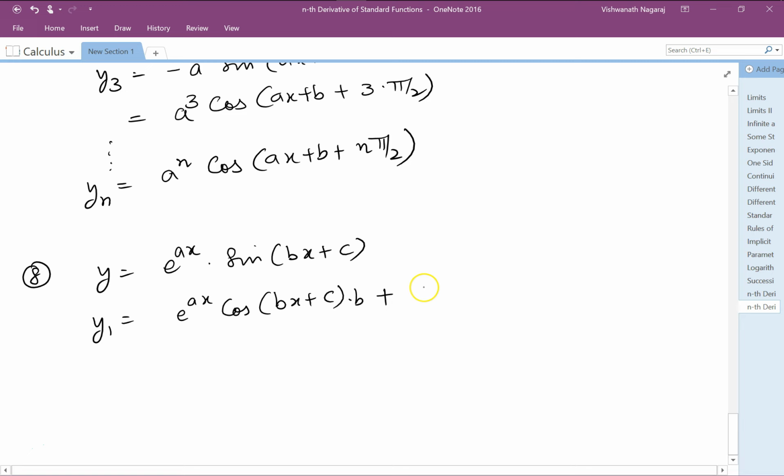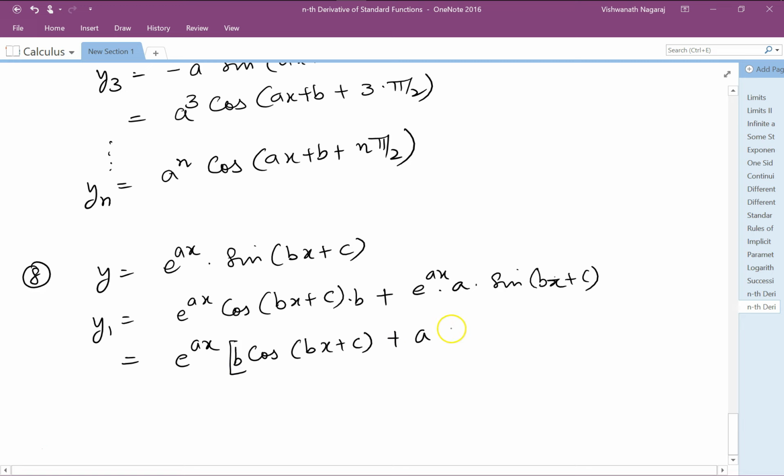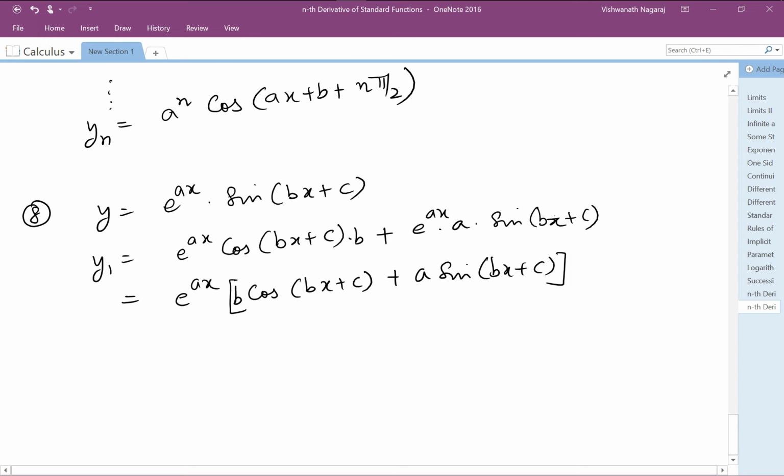Now we differentiate e^ax, times a, and leave sine as it is, times sin(bx + c). So it becomes e^ax common: e^ax [b cos(bx + c) + a sin(bx + c)].